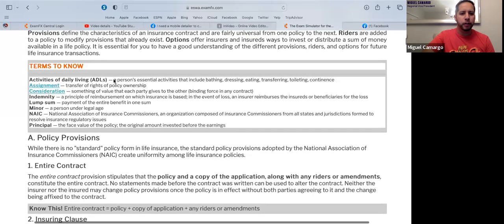Minor, a person under legal age. The NAIC, National Association of Insurance Commissioners, is an organization composed of insurance commissioners from all states and jurisdictions, formed to resolve insurance regulatory issues. Principal is the face value of the policy, the amount invested before earnings. Okay. Those are key words we're going to hear.